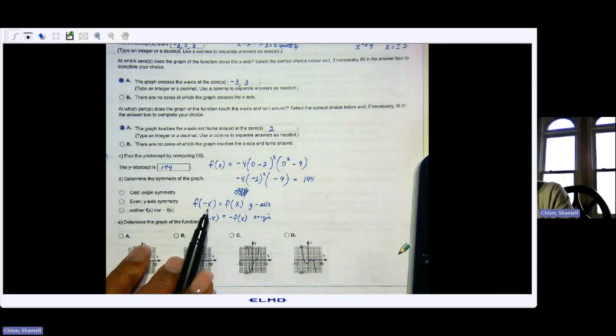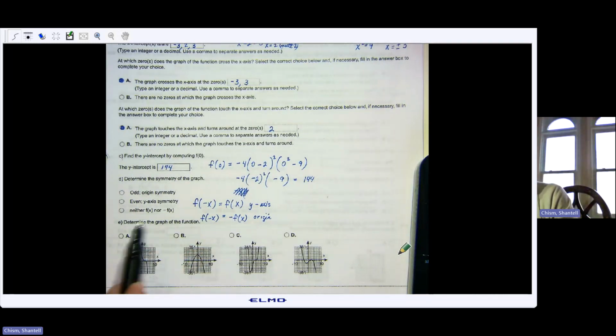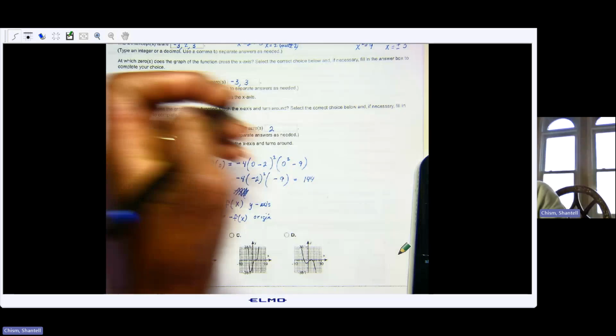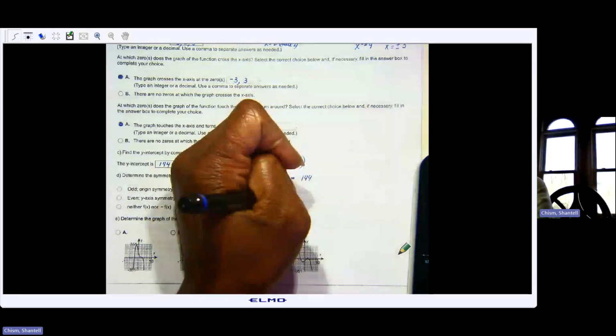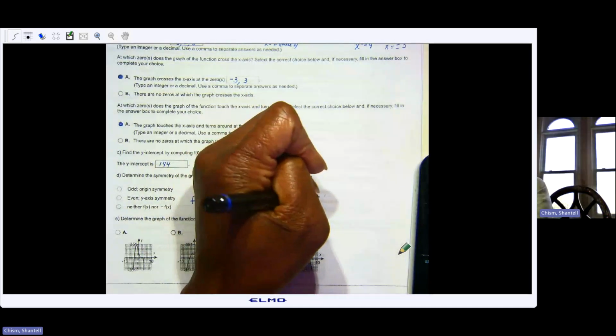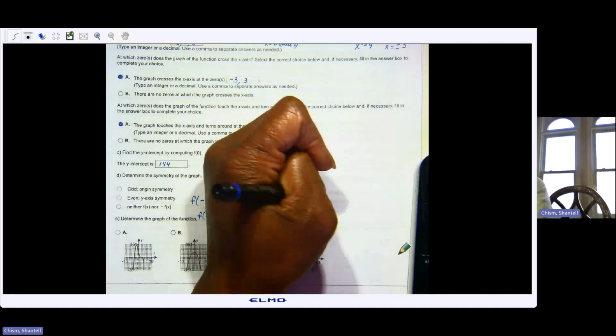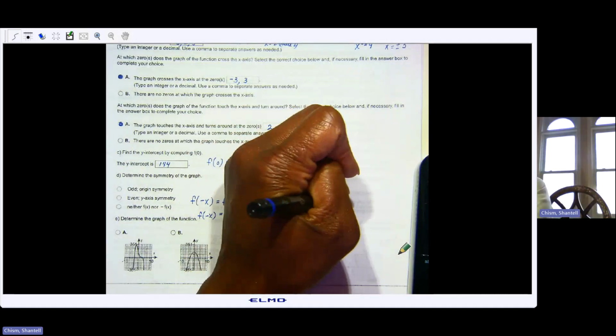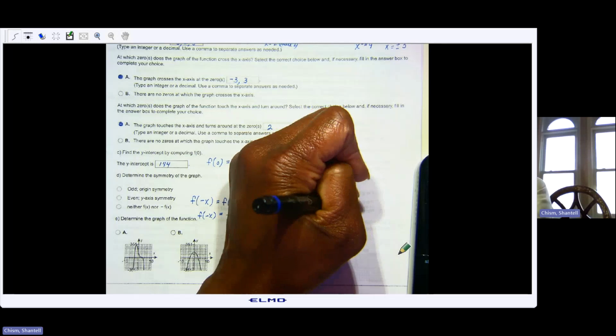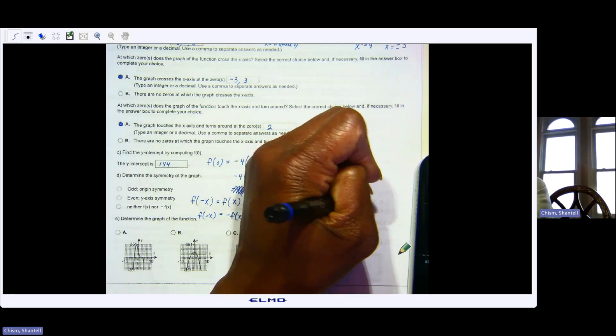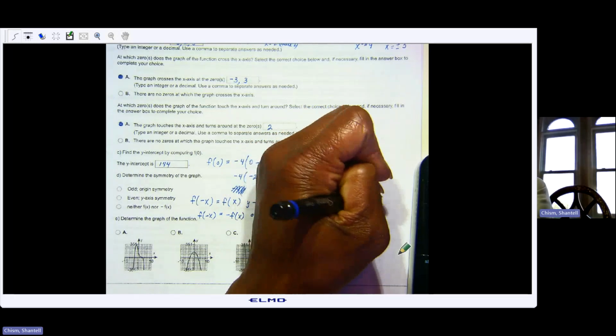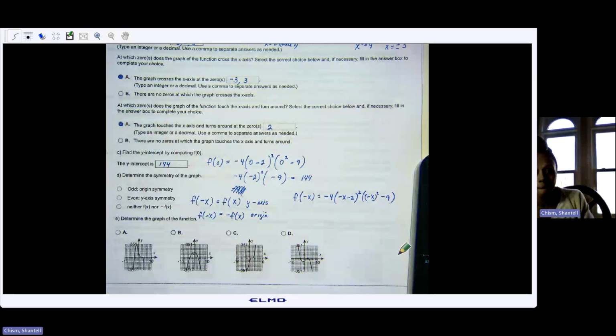Okay, so what we're going to do is evaluate the function at -x and see what happens. If we do not get either of those, then we'll just say neither. So f at -x. I'm going to take the function and replace each x with -x. So I have -4 times (-x minus 2) squared times (-x squared minus 9). Okay?